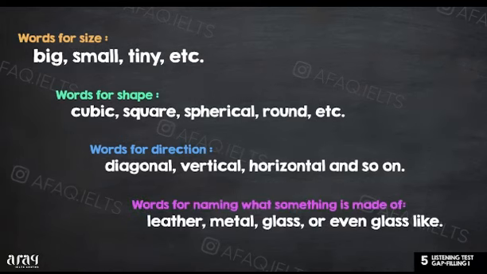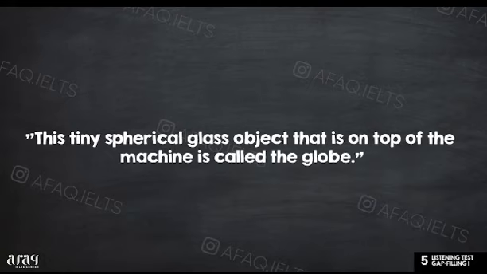And there are also words for naming what something is made of: leather, metal, glass, or even glass-like. These words will help you to find the part of the diagram which you are describing. Listen to this example. This tiny spherical glass object that is on top of the machine is called the globe.